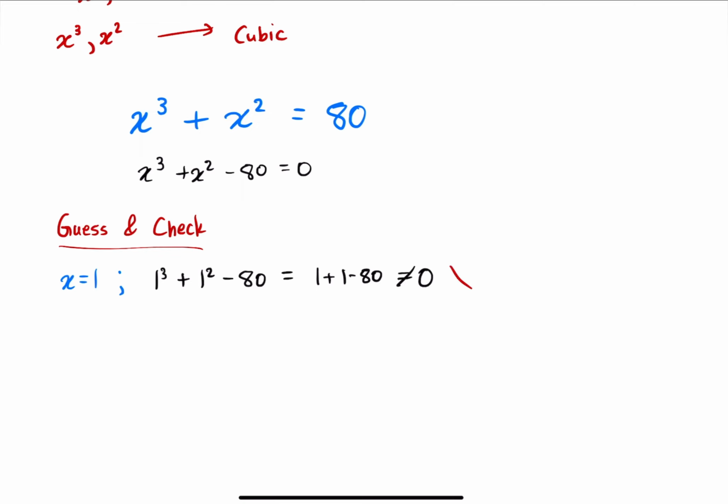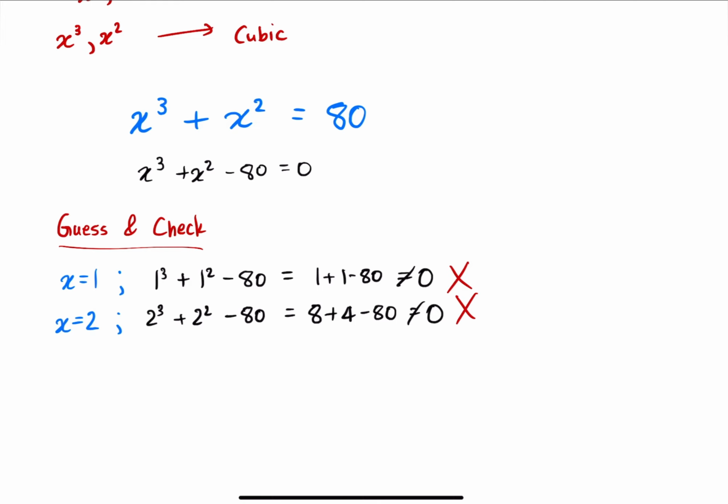So this can't be the answer. Now let's check if x equals 2. We'd have 2 cubed plus 2 squared minus 80, which gives us 8 plus 4 minus 80, which is 12 minus 80, which is obviously not 0. So x can't be 2 either.